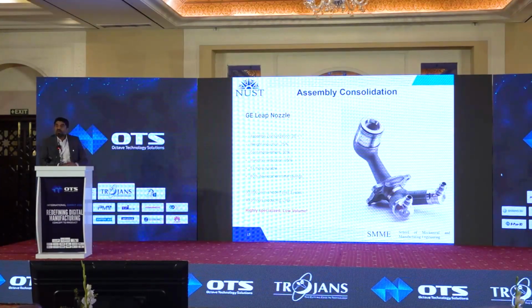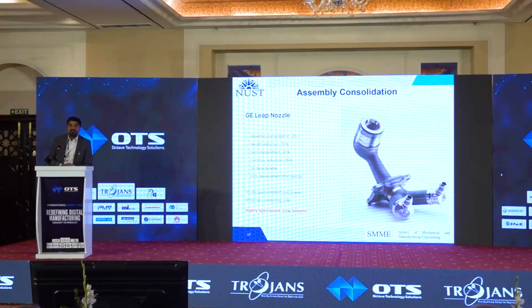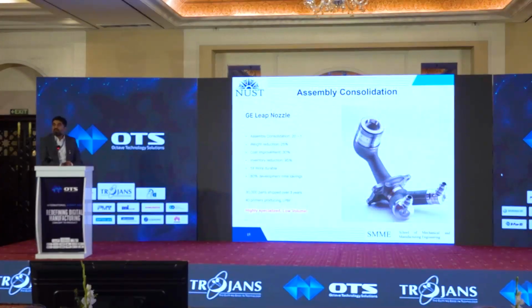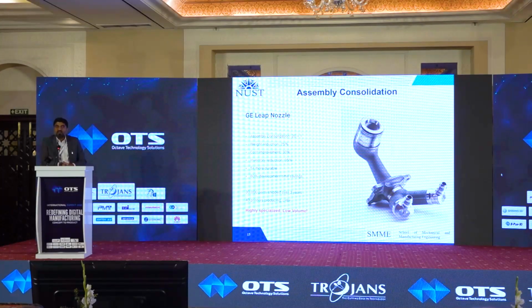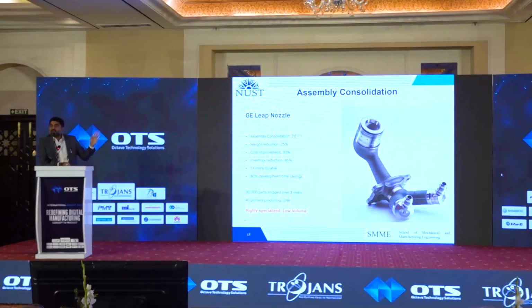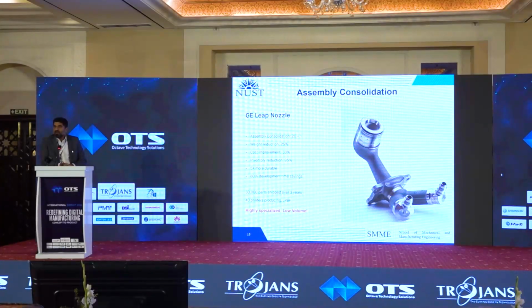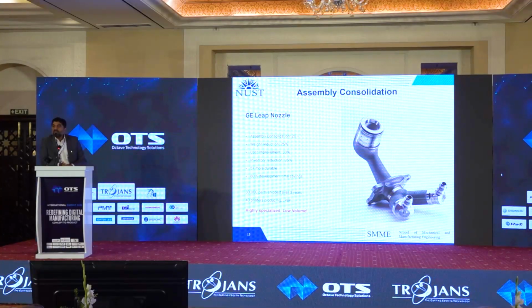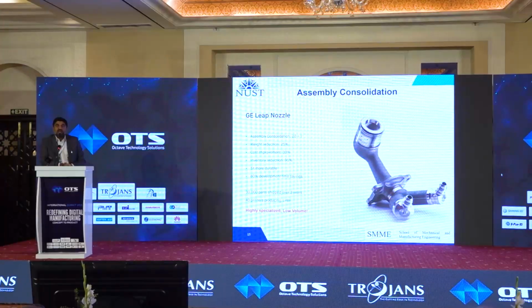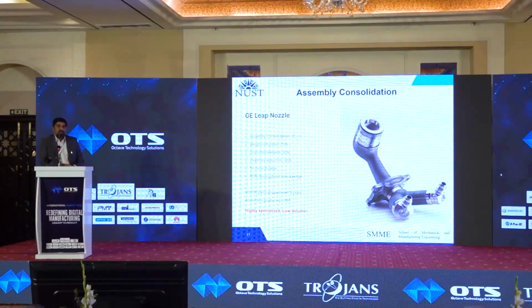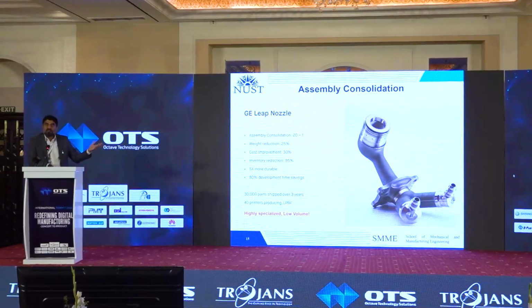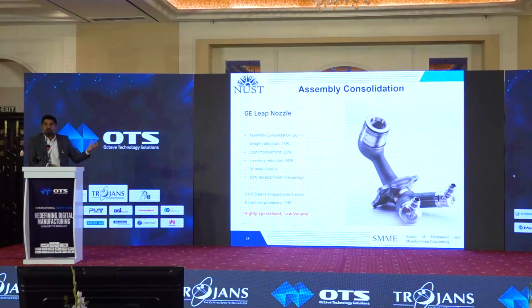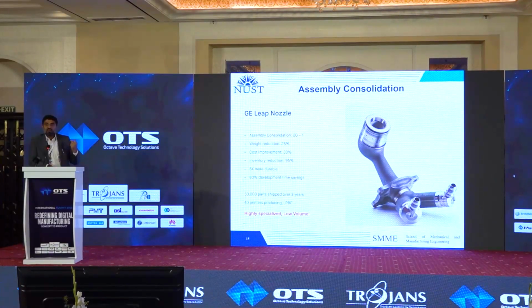Moving forward, this is the major milestone of additive manufacturing. Whenever additive manufacturing is discussed as a production method, this example is quoted: the GE nozzle used for aircraft. By traditional manufacturing, 20 different parts or sub-assemblies come together to generate one part.